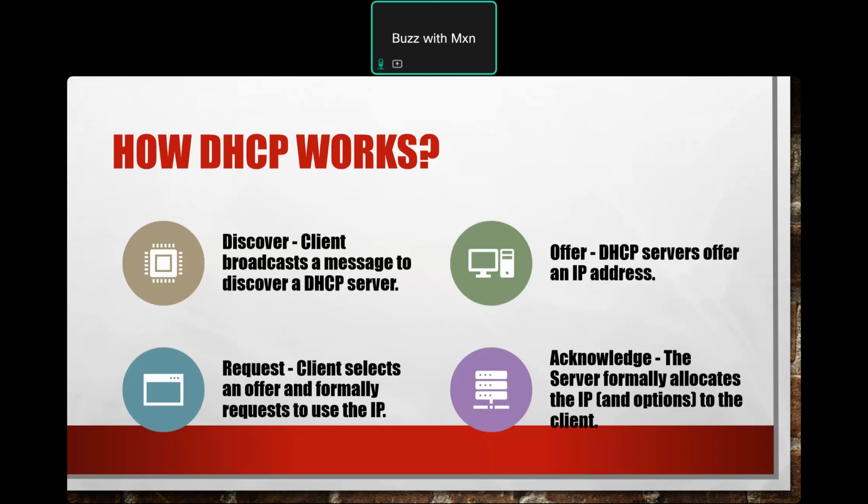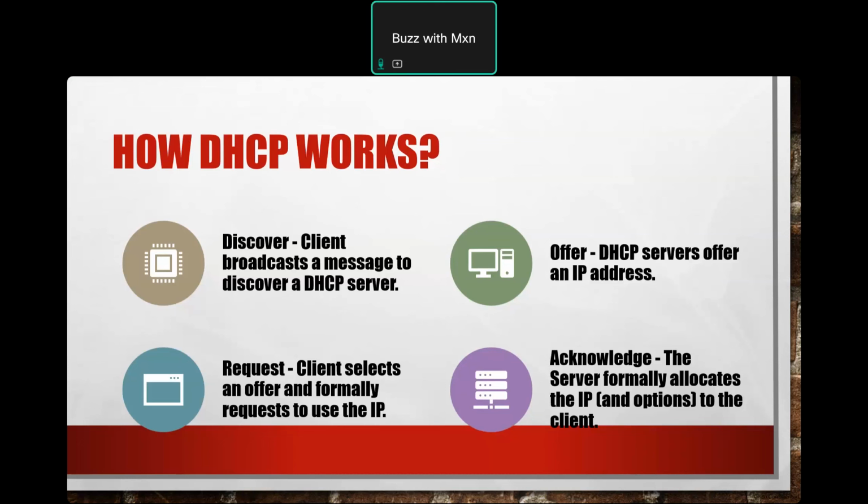Once the request is sent from the DHCP client to the DHCP server, the DHCP server acknowledges it and formally allocates the IP address to the client. Whichever IP is available in the pool in the DHCP server, it assigns to the client, and the client gets the IP address through which it is able to communicate over the internet.